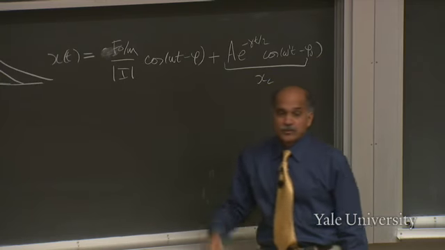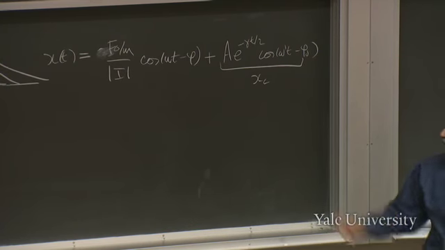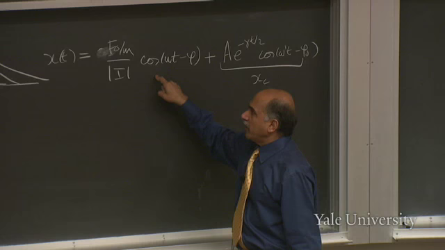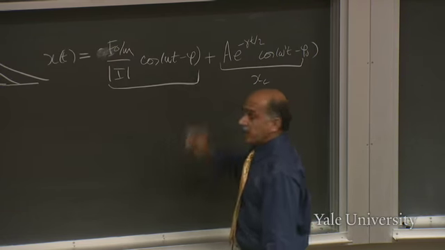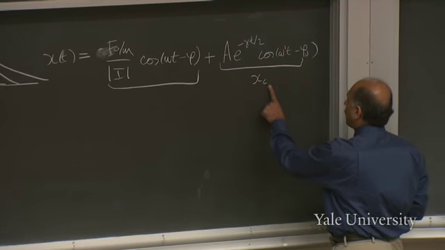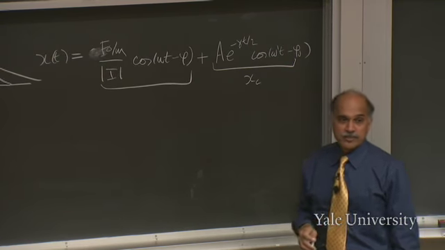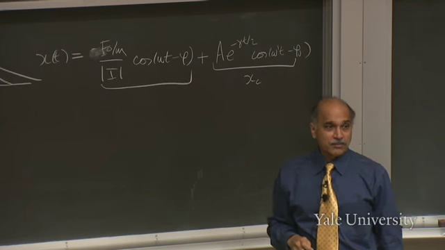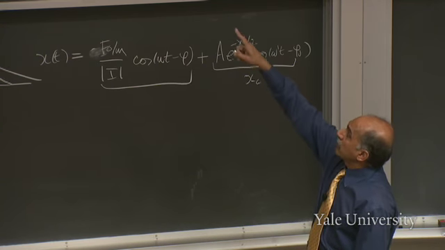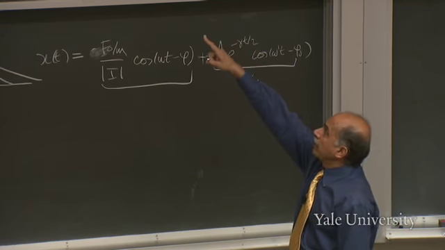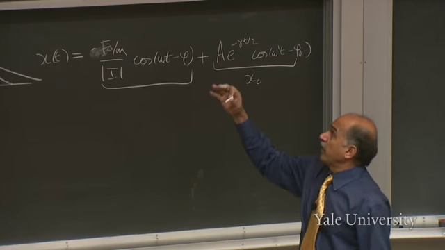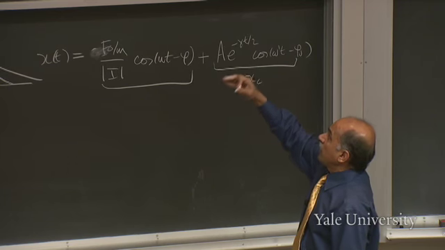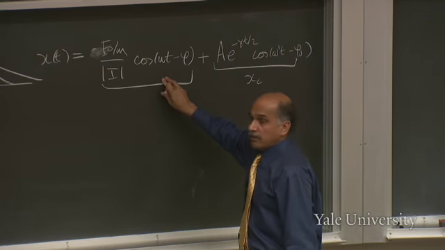You can always add the solution to this solution. Why is that? Because if x obeyed a certain equation, adding this part will not change the fact it obeys the equation. Let's ask ourselves why. Go back to the top line there: x double dot plus gamma x dot plus omega naught squared x will be equal to f naught over m cos omega t if you put this in.